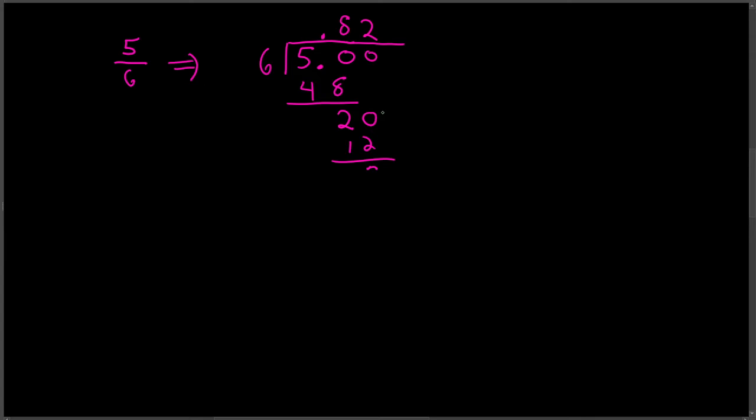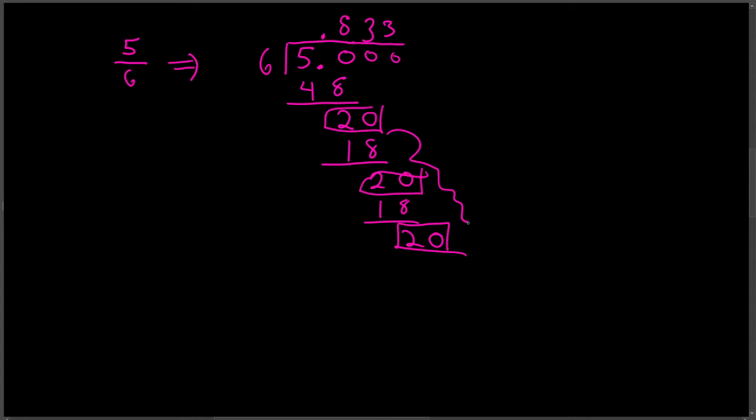It's bigger. What did I do wrong? Well, I'm going to get a number bigger than 6. I can actually go one more here. I can go 3 times. 3 times 6 is 18. Subtract, and I get 2. Let's do it one more time. 6 goes into 20 3 times. 3 times 6 is 18. I get a 2. If I borrow another 0, notice I keep getting 20s.